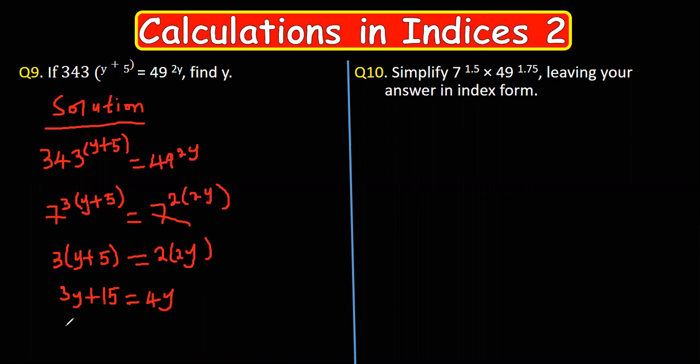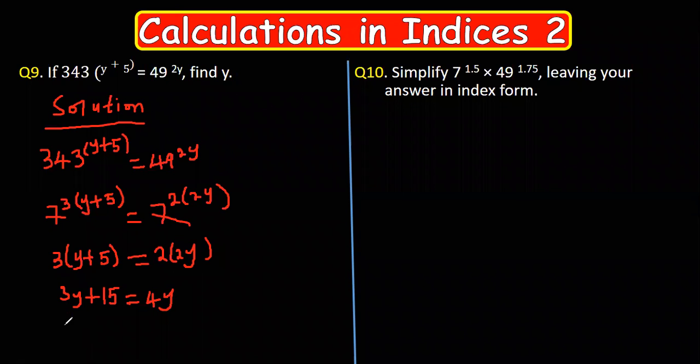So here we have 15, equal to 4y, and then this 3y will come and meet this guy here. If you want to collect it, it's still the same thing, but let me do it the other way to make it clearer, but it's still the same thing, whichever way you choose to do it.